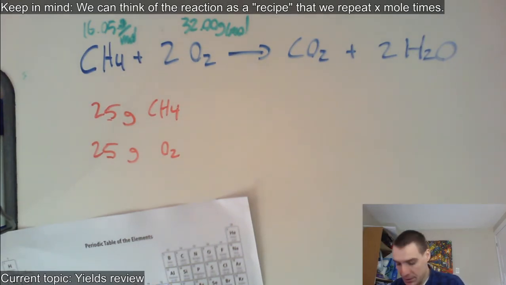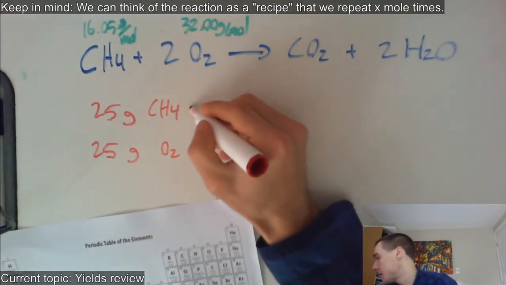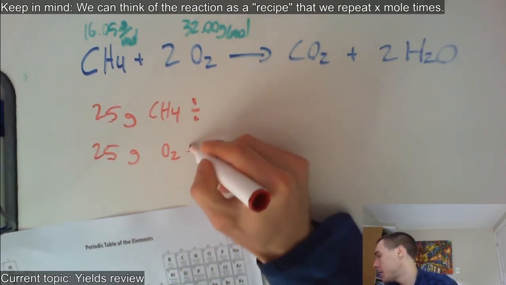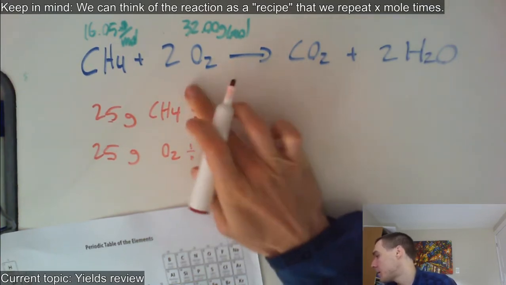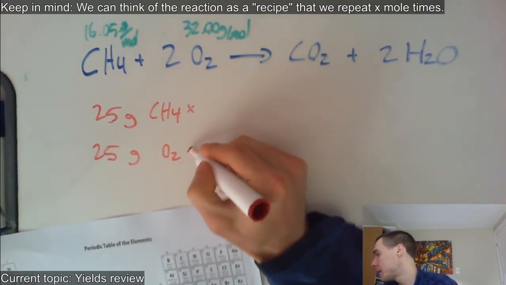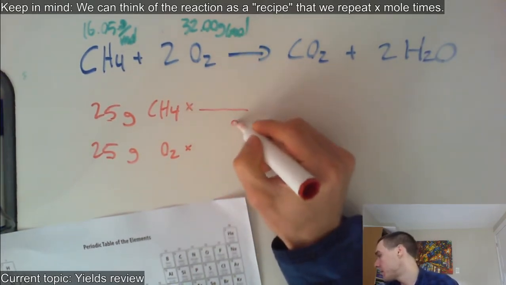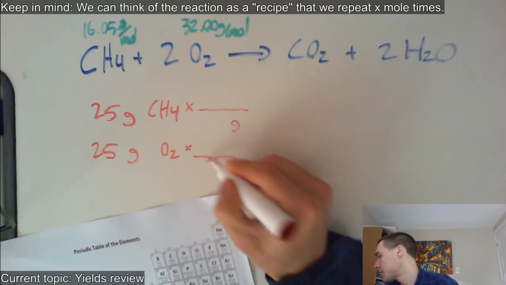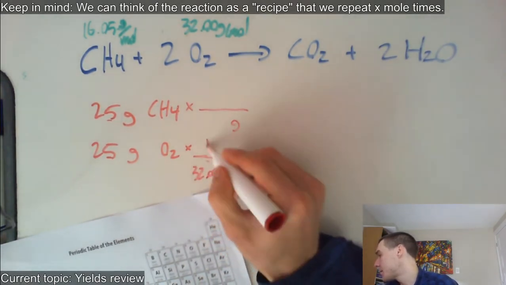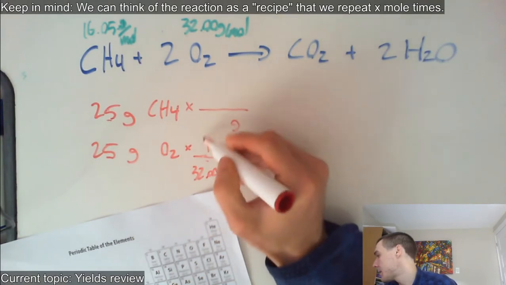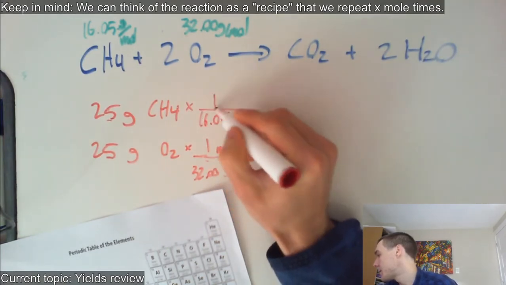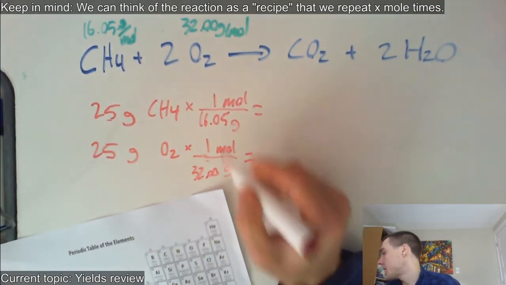So remember, our general rule is that we can't compare two chemicals unless we're working in moles. So what we should do is convert these to moles first, and then we can compare. So let's divide by the molar mass, or actually, we'll do it the other way with the conversion factors. Multiply by what goes on the bottom? Well, grams goes on the bottom, so 32.00 grams for 1 mole, and this one is 16.05 grams for 1 mole. That tells us that we divide.